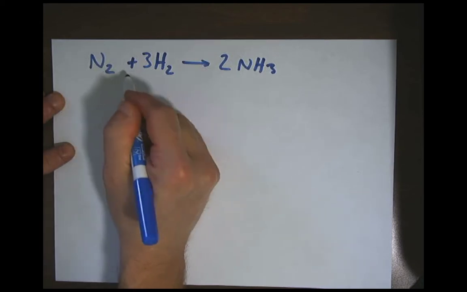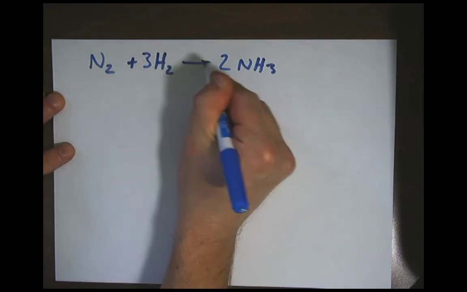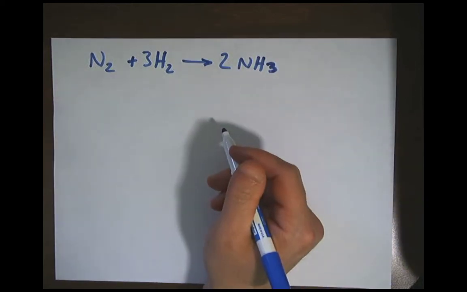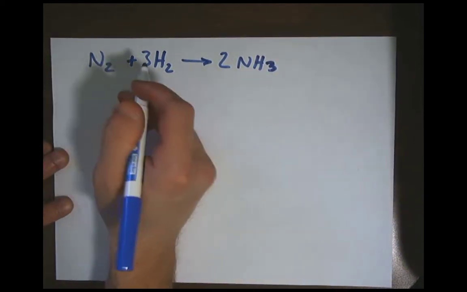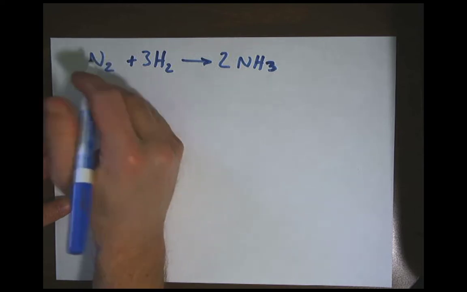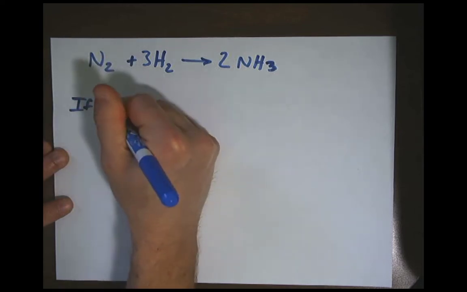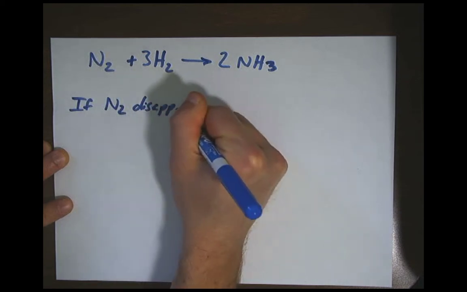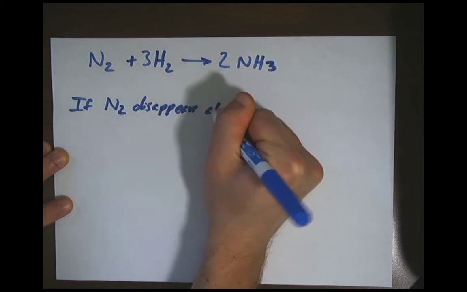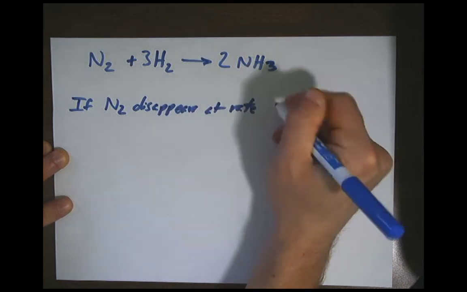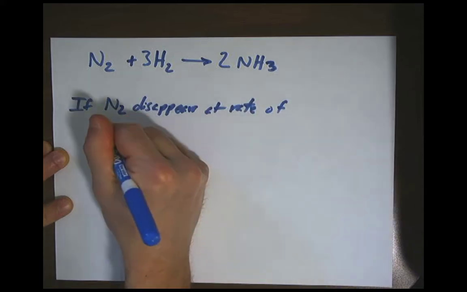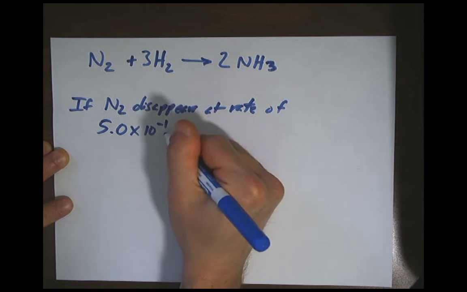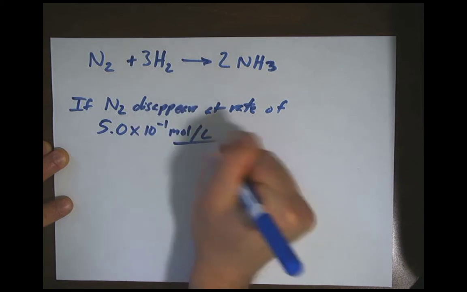So N2 plus 3H2 yields 2NH3. Okay, so let's say we wanted to know if N2 disappears at a rate of 5.0 times 10 to the minus 1 moles per liter per second.